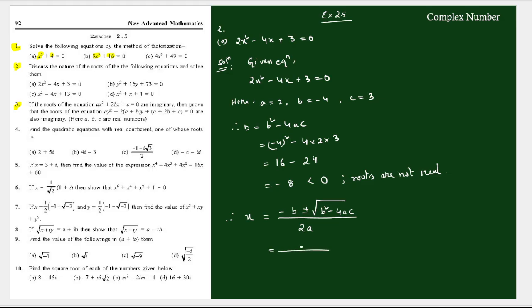Now minus b is minus of minus 4, which is 4, plus minus root over minus 8, over twice a which is 2 into 2, that is 4. Root of minus 1 is i, and root of 8 is 2 root 2.